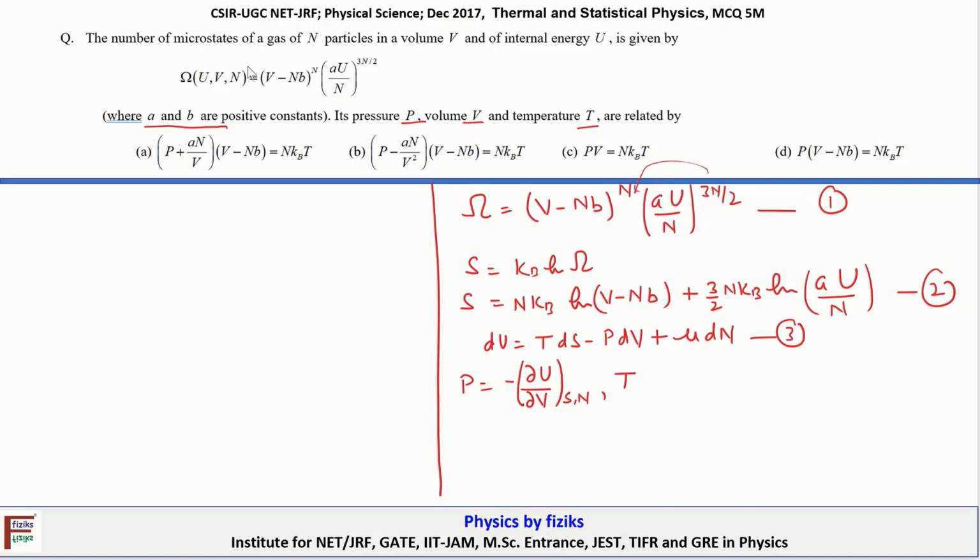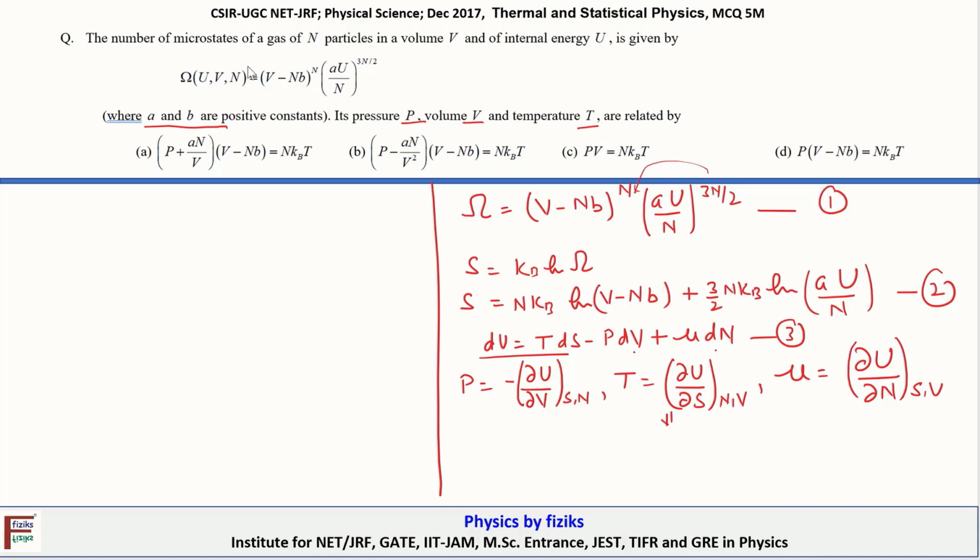T can be written by keeping V and N constant, so that those differentials are 0. So T is dU by dS, keeping N and V constant. Similarly, mu is equal to dU by dN, keeping S and V constant.